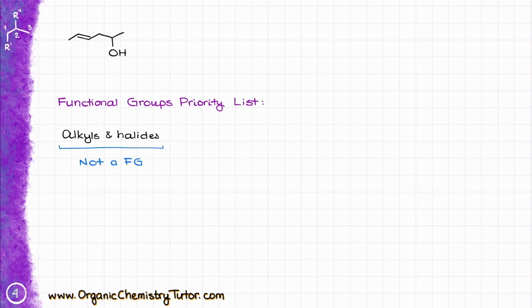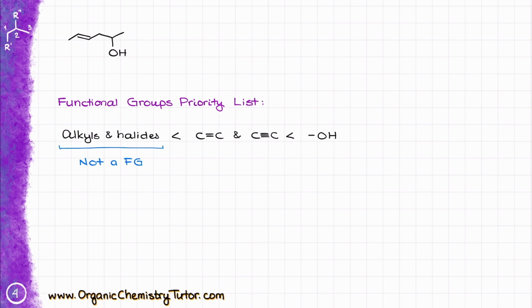So, from the perspective of the nomenclature, alkyls and halides are not considered functional groups at all. Alkenes and alkynes have the next priority, and as I have explained in my alkynes nomenclature video, alkenes have a slightly higher priority only when the numbering is the same. Otherwise, they are the same in terms of priority.